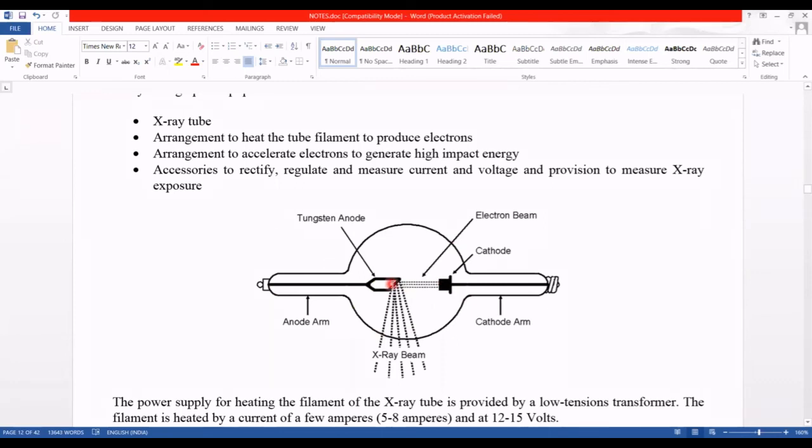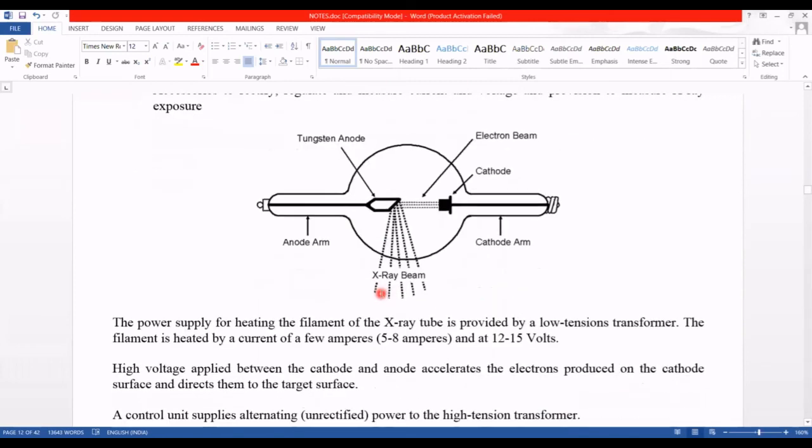The filament is heated by supplying a small current, and electrons are removed from it. These electrons travel from cathode to anode with the help of the potential difference created between them, and the electrons hitting the anode cause generation of X-rays.